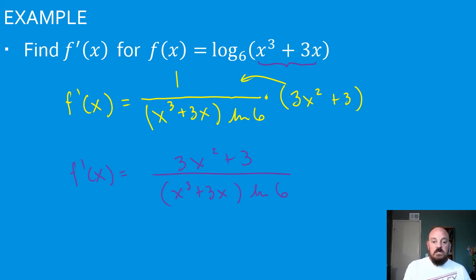And again, one more time, that natural log of 6 right there is the only difference between this log question and a natural log question with the exact same thing. If I ask you to find the derivative of natural log of x cubed plus 3x, you get the exact same answer, but without the natural log 6 in the denominator.